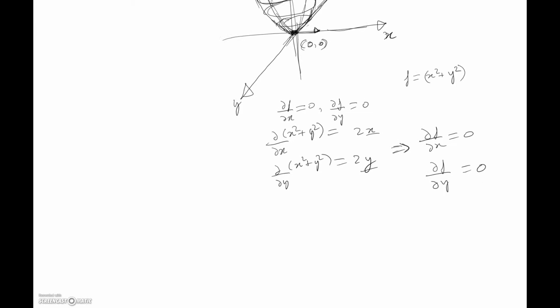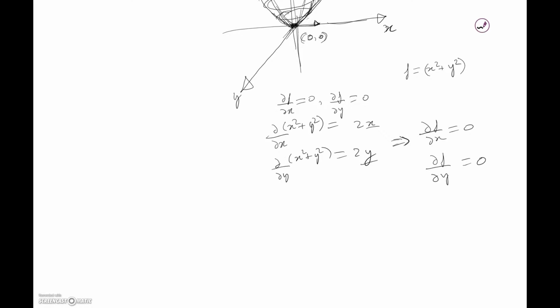Now an interesting concept is that of gradients, where you can succinctly state this as del f equals 0, and what this operator means is del by del x along the x direction and del by del y along the y direction, and when you apply this to f, you get del f by del x along the x direction and del f by del y along the y direction.